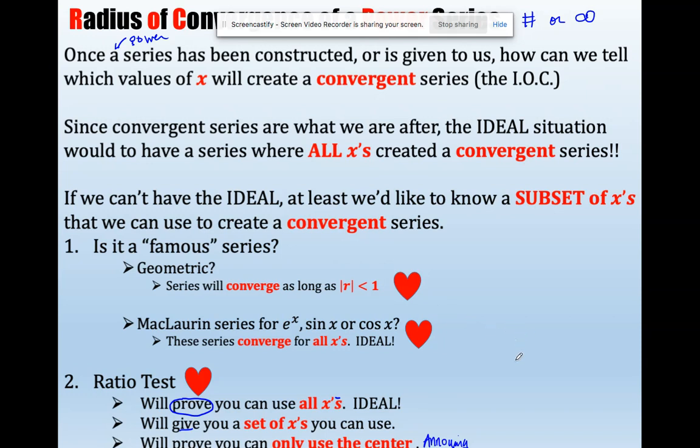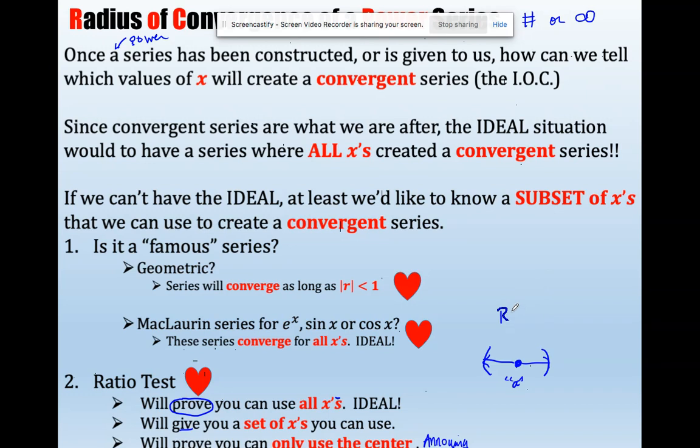Okay, so I kind of sort of, right, think of this as here's my center. We usually call the center A. How far right and left can I go before I run out of x's that I can use? Okay, that's the radius of convergence.